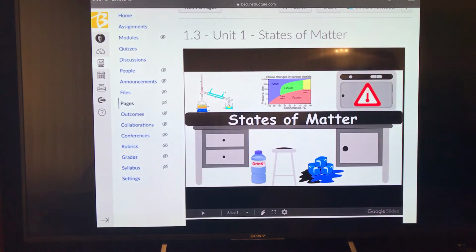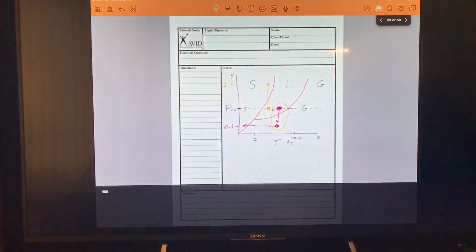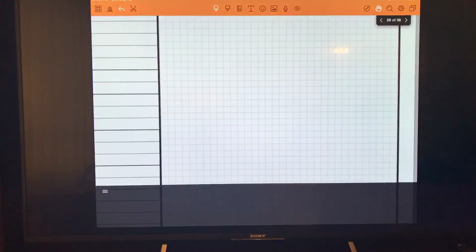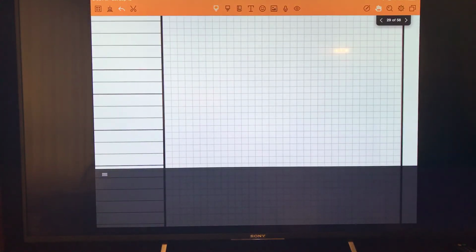All right, I'm going to take one more look at our phase change diagrams again. Want to make sure that doesn't get away from you, because hint, when we get to our quiz coming up soon, we are going to be looking at a phase change question. So we start always with this graph that has temperature and pressure.